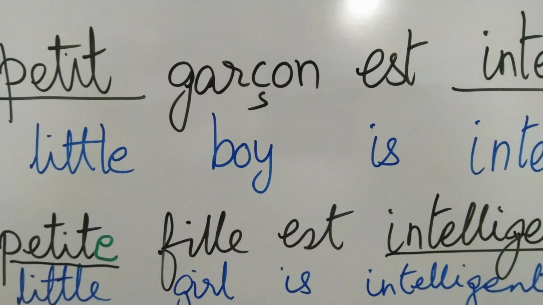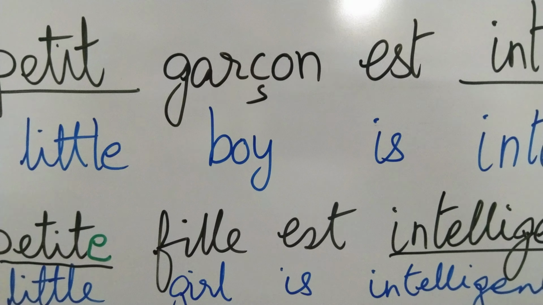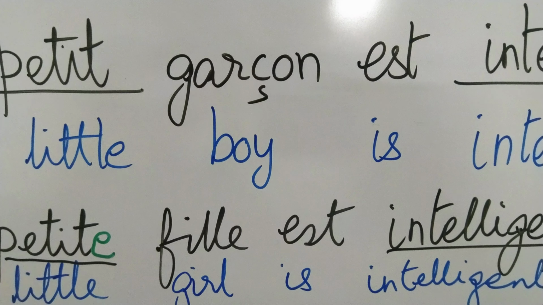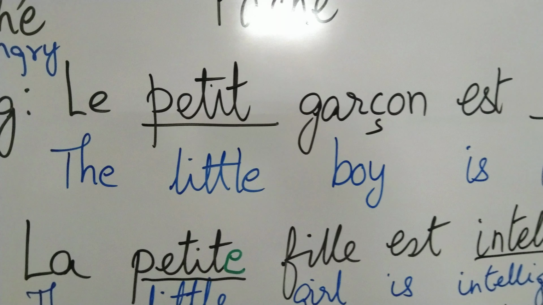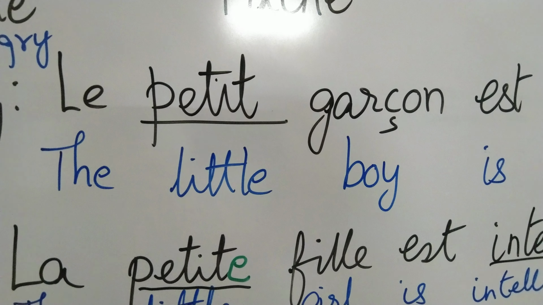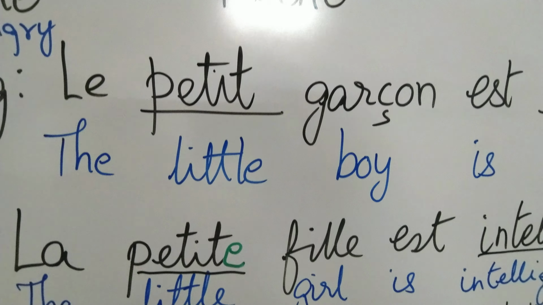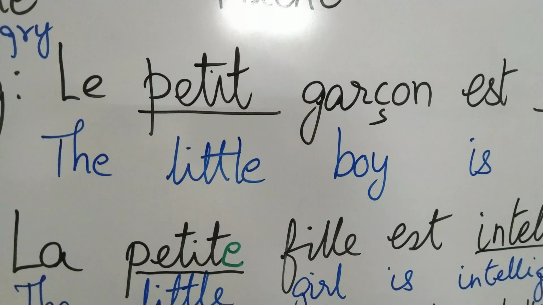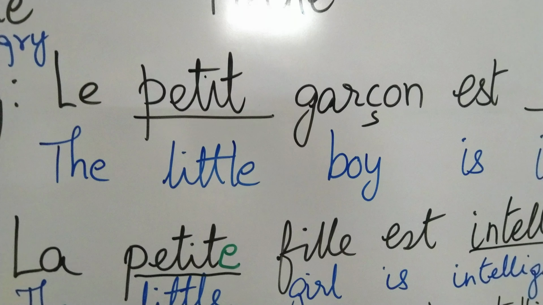And how do we know that garçon is masculine singular? First of all, we know that garçon is singular because it doesn't end with an S. Secondly, if you look at the very first word of the sentence, you have LE. And in your very first chapter, I have already explained that LE is used in front of masculine singular nouns, not anywhere else.